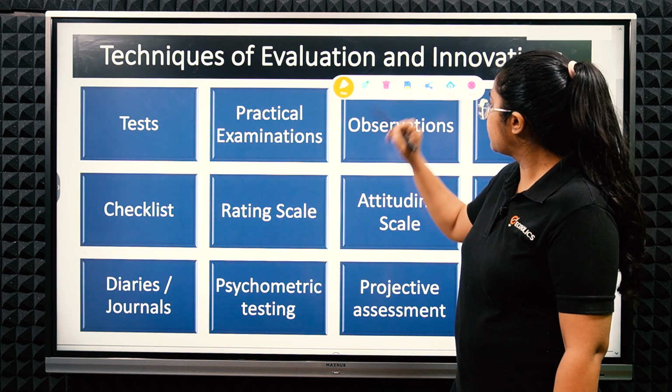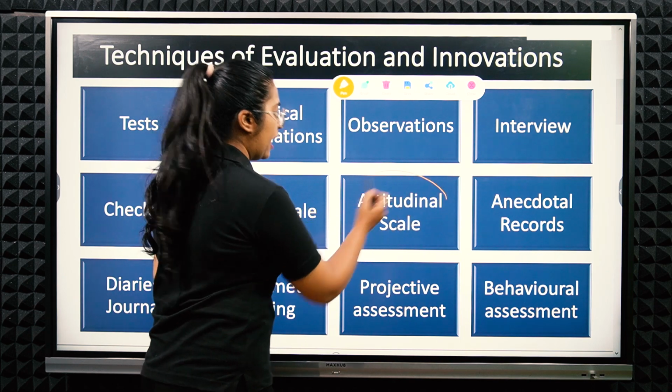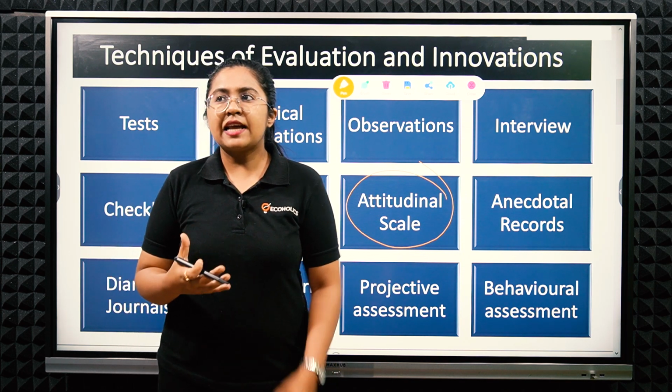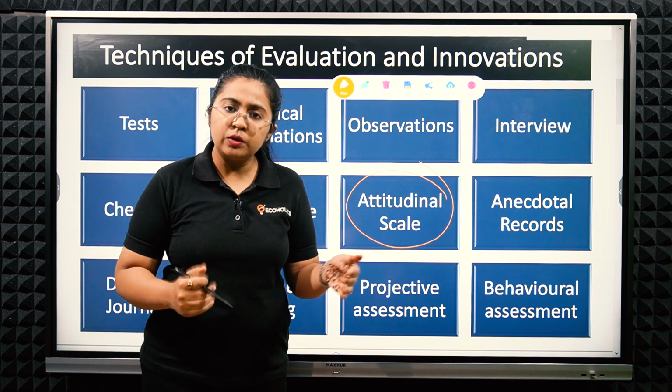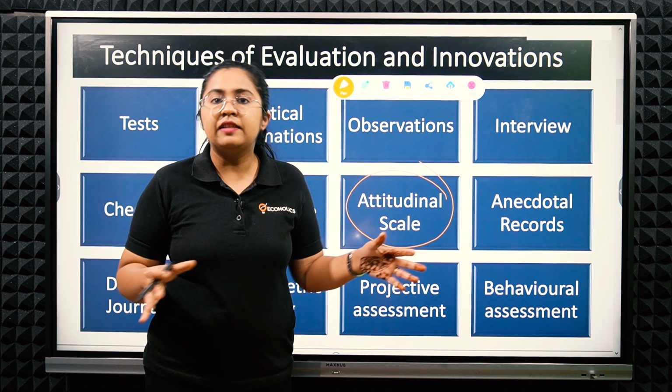Then we have the next one, which is the attitudinal scale. The attitudinal scale allows the faculty to note down and observe students' attitudes and rank them.